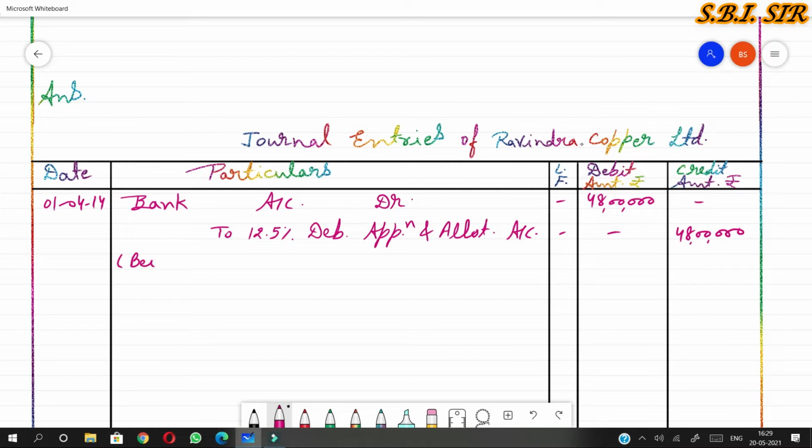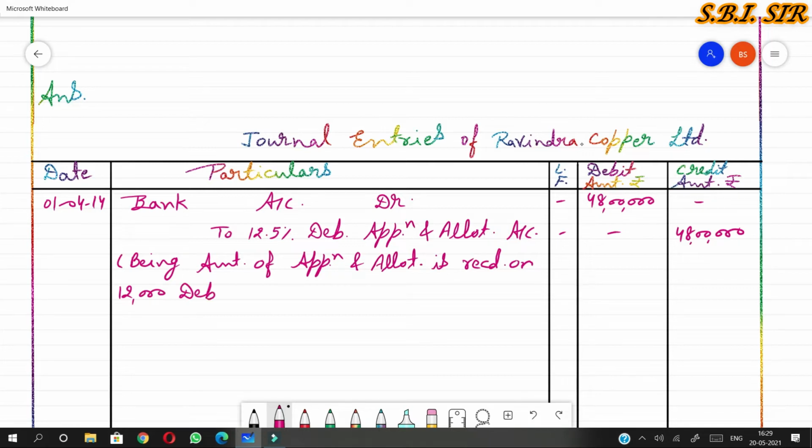Narration being: amount of application and allotment is received on 12,000 debentures at rupees 400 per debenture.